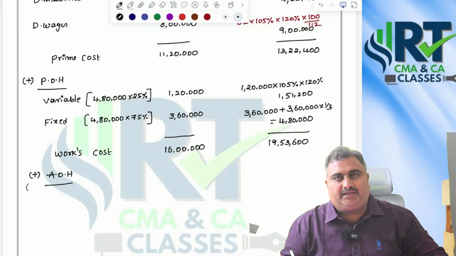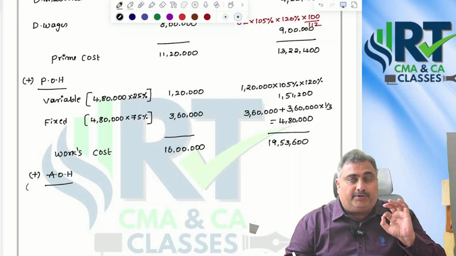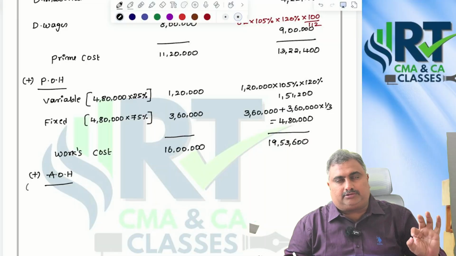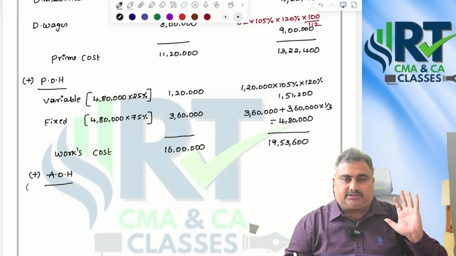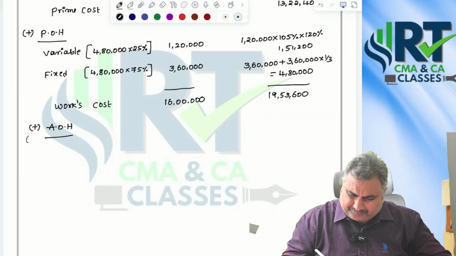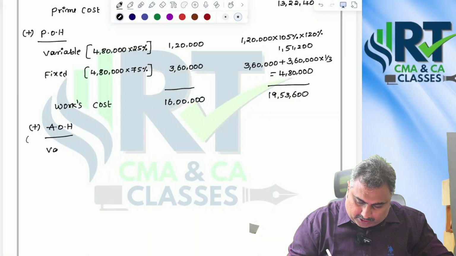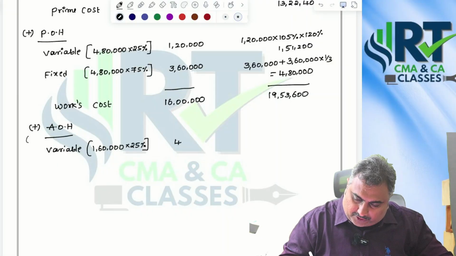Sometimes instead of administrative overheads, they may use the word office overheads also, but still that is administrative overheads only. First, start with the variable part. Already they have given 1,60,000. Fixed part given in the question is 25%, which is equal to 40,000.